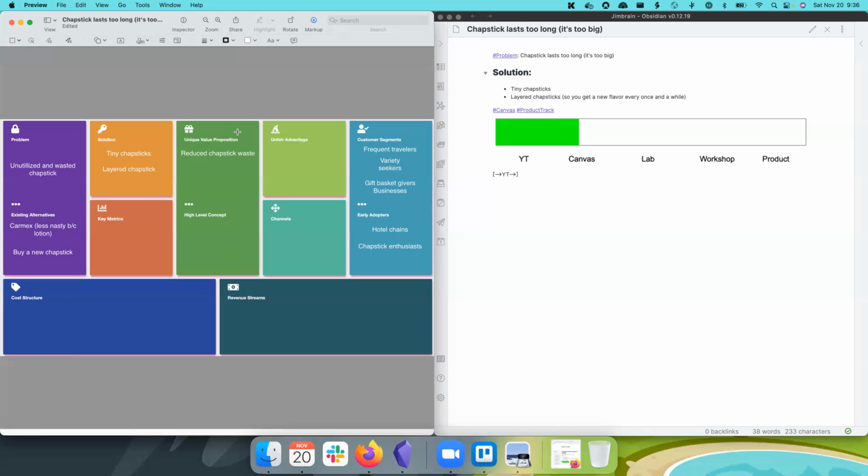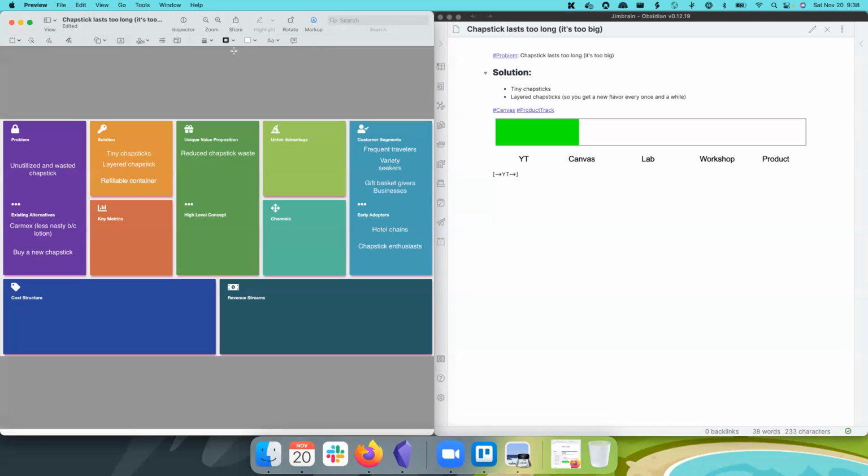I think that's a potential solution here. Right, because that would mean you can change your flavor pretty easily. I'm imagining a really gross one that squirts the chapstick out and it's all nasty.